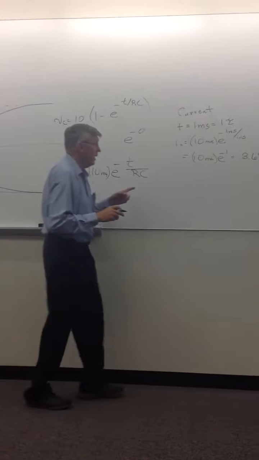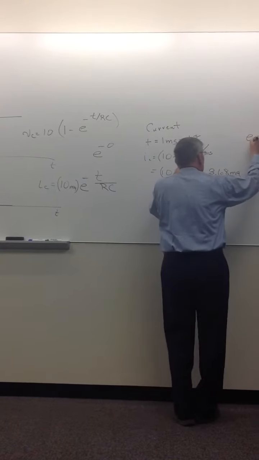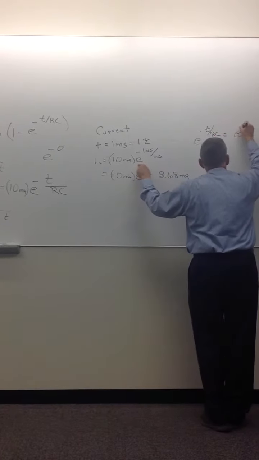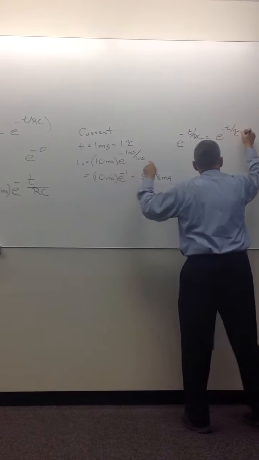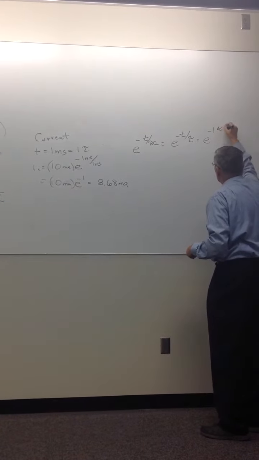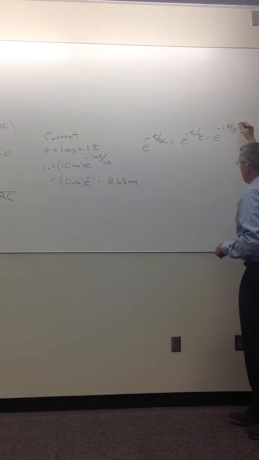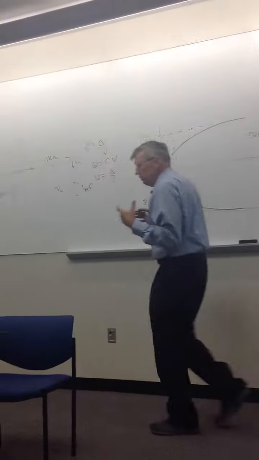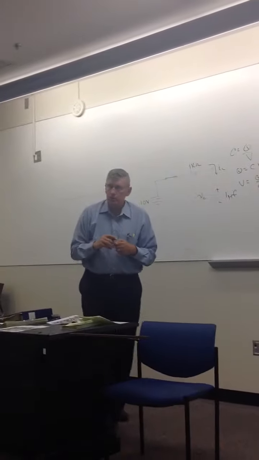And when we plugged all that in, this was e to the minus t over RC. So if your time is equal to 1 tau, time constants cancel and you have e to the minus 1. So that's usually a real confusion factor on the problems in this section.